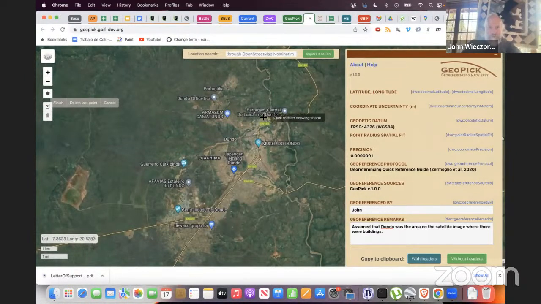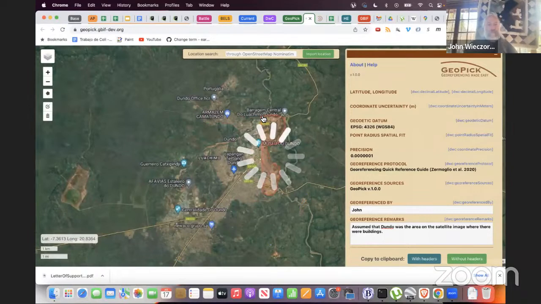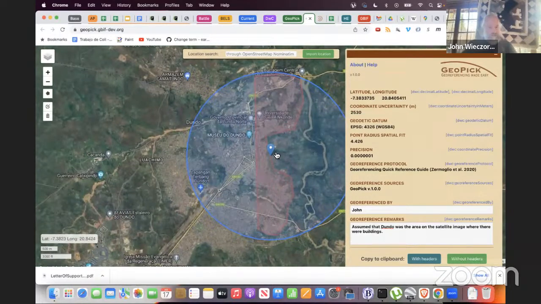Here's the river, and I would do something like, say, it's the part of Dundo. Here's this side nearest the river, and then I close it like that. So that's a very different interpretation, and you can see that it's a very different georeference.